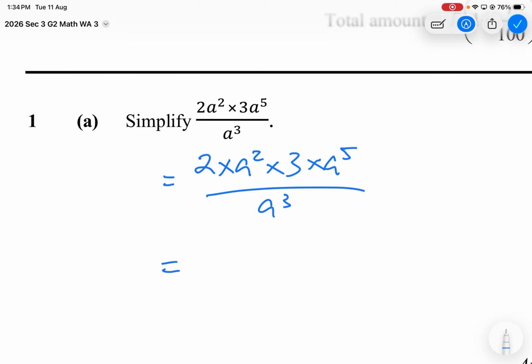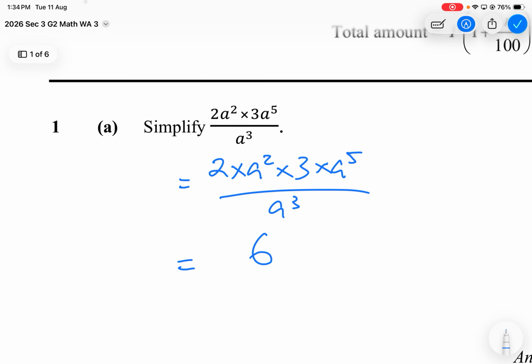So we will take 2 times 3 to get the 6. A to the power of 2 times a to the power of 5, we will have a to the power of 7.